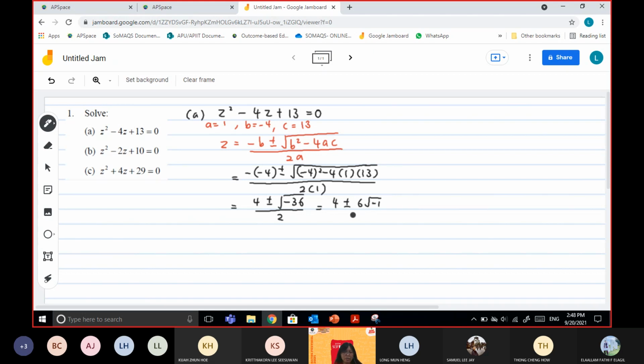So we have 6 times the square root of minus 1, divided by 2. So you can see both 4 and 6 can be cancelled with 2. After cancelling, I have 2 plus minus 3 times the square root of minus 1, which I can write as 2 plus minus 3j. Okay, so that's the answer for part A.